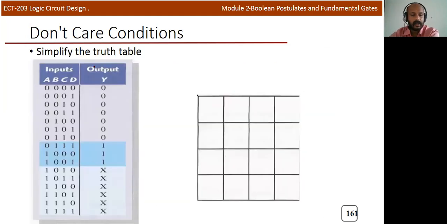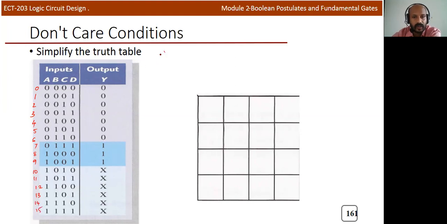So here we need to simplify this particular truth table. The expression is given in terms of a truth table. It's actually 4 variables a, b, c, d. From this particular table, you can see the function gives output for 0, 1, 2, 3, 4, 5, 6, 7, 8, 9, 10, 11, 12, 13, 14, 15.